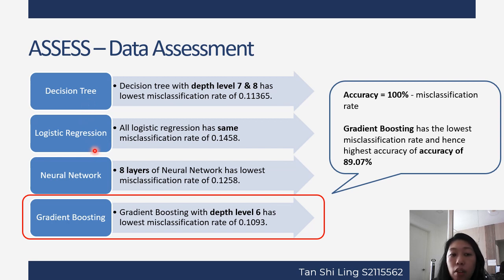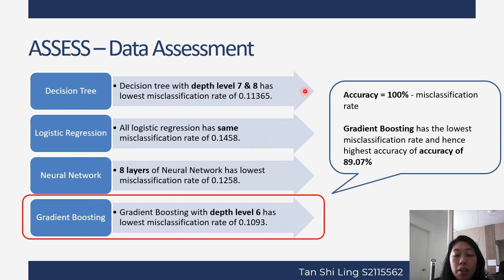On the other hand, all the logistic regressions have the same misclassification rate, hence it makes no difference. For the neural network, the 8 layer neural network has the lowest misclassification rate of 0.12 and hence is selected. Lastly, the gradient boosting with the depth level of 6 has the lowest misclassification.